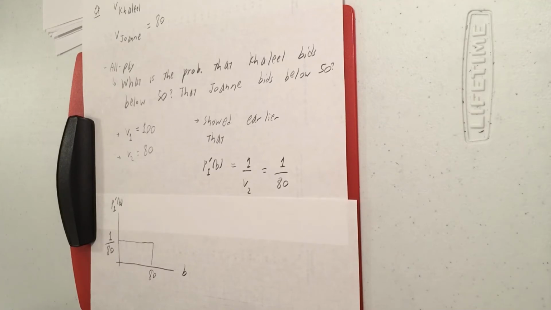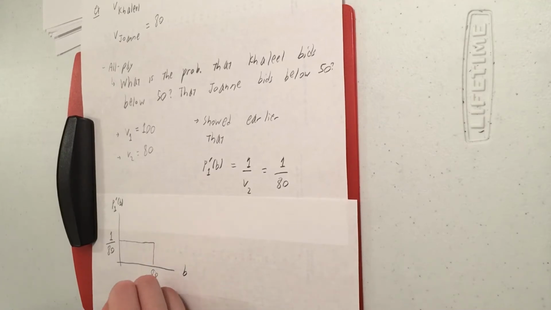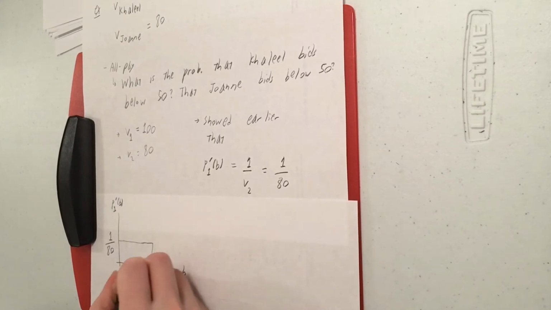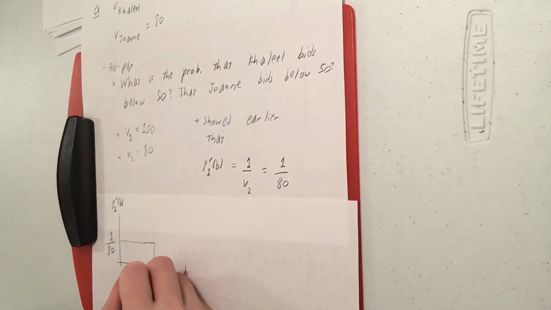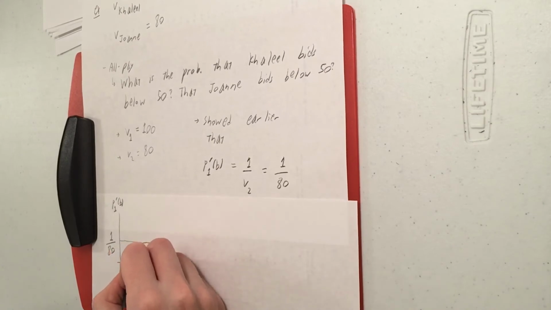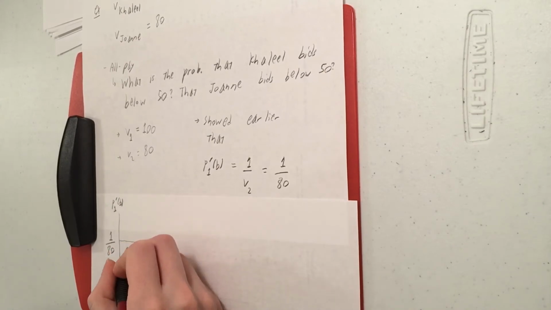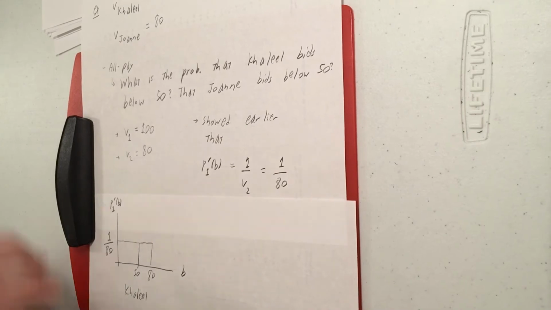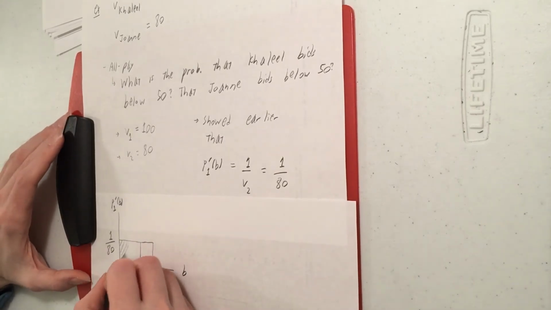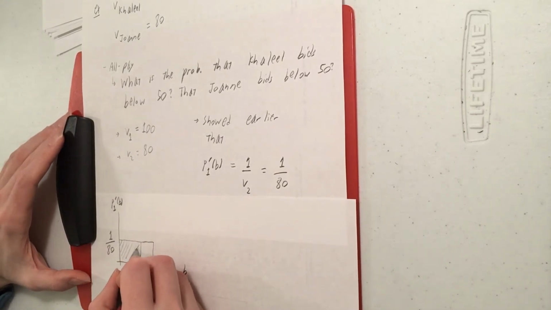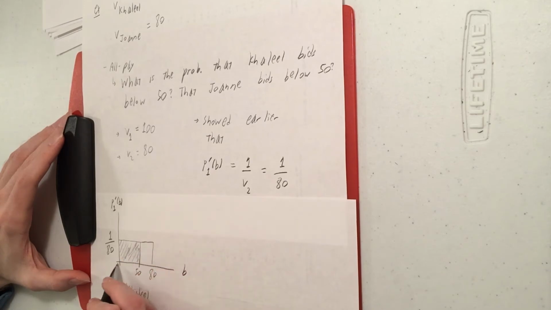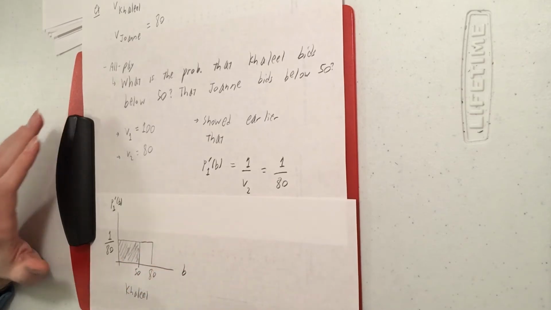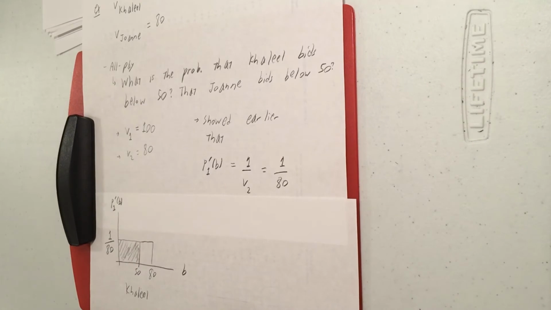So the probability of Khalil bidding less than 50, first 50 on our graph, and then with the PDF here, it's the area under the graph between 0 and 50. So all the area below 50. So it's that shape.